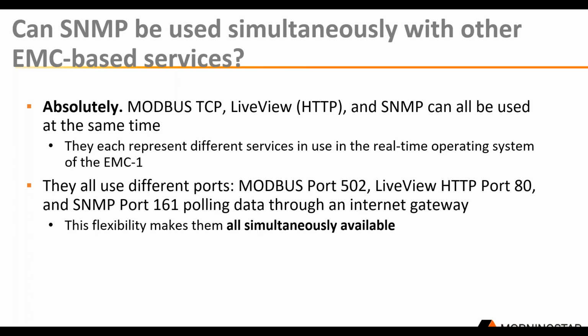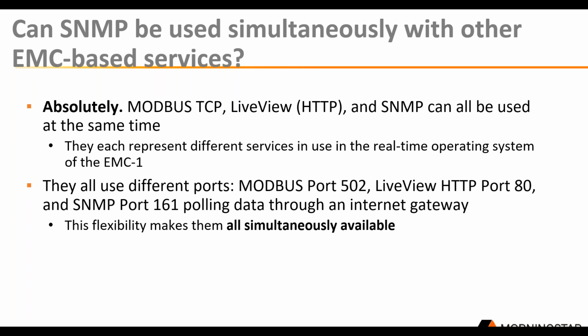So you can use multiple protocols simultaneously, and therefore multiple platforms of monitoring using those protocols. If, for instance, you wanted to use MS View, LiveView, and a network management system all at the same time, you can do that.